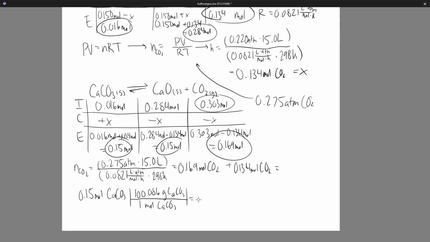That should give us a mass of 15.0129 grams calcium carbonate. But this number has 2 sig figs, so we just round to 2 sig figs, so it's just 15 grams. Yeah, that'll be your answer.